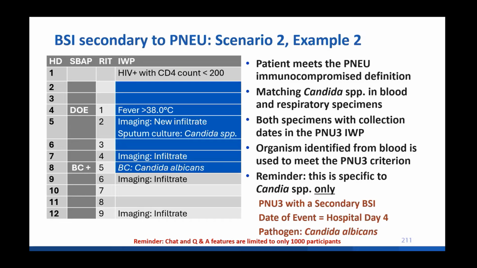And remember, as per the matching organism guidance, which can be found in both the BSI chapter and chapter 17, Candida species and Candida albicans are considered matching organisms. So the Candida BSI can be attributed as a secondary BSI to pneumonia 3 in this scenario. And remember, this laboratory element is specific to Candida species only.